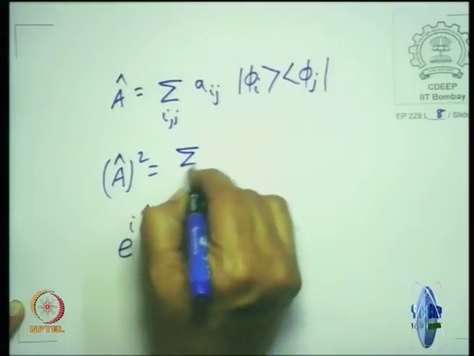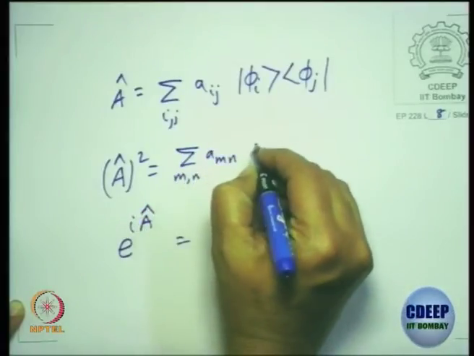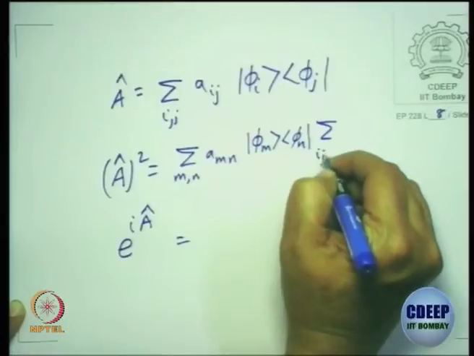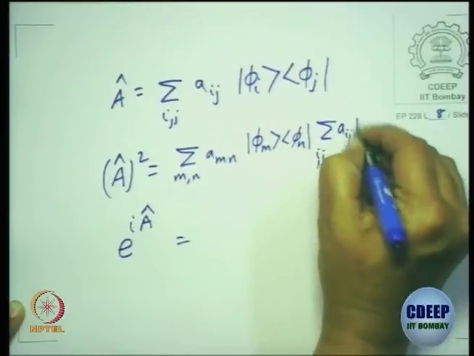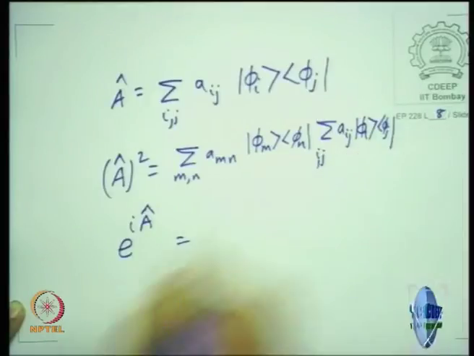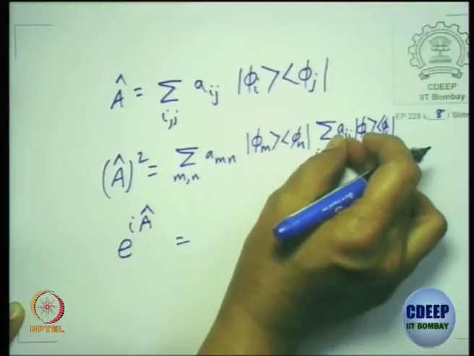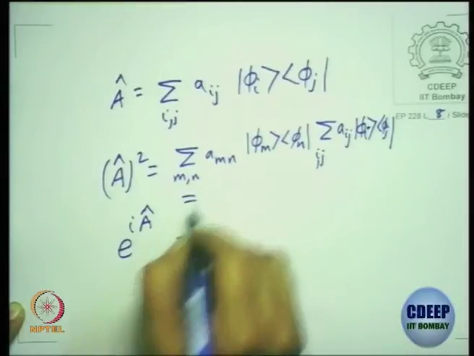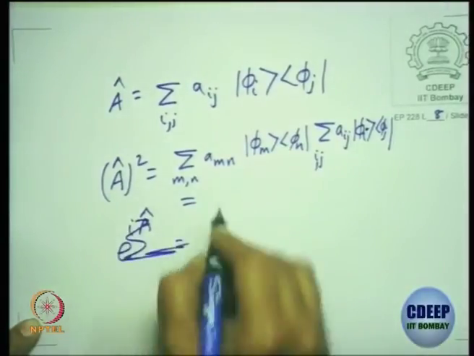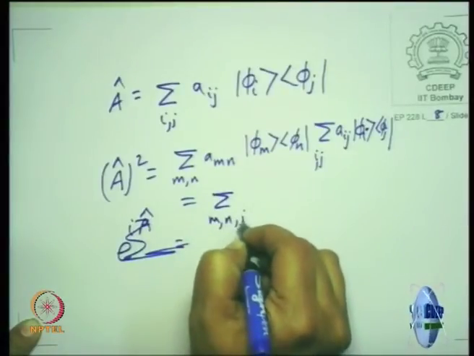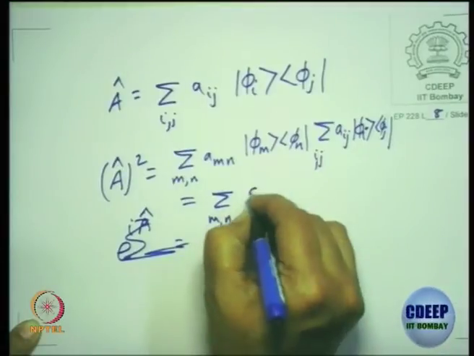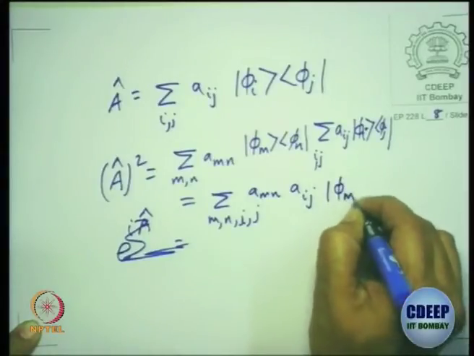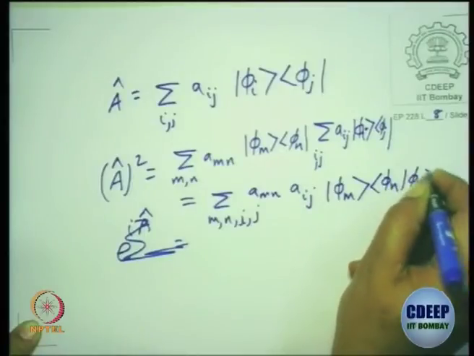A squared will be summation over m, n of a_mn |phi_m><phi_n|, and then summation over i, j of a_ij |phi_i><phi_j|. These a's are numbers, so take all the scalars out, and then what do we have? |phi_m><phi_n|phi_i><phi_j|.